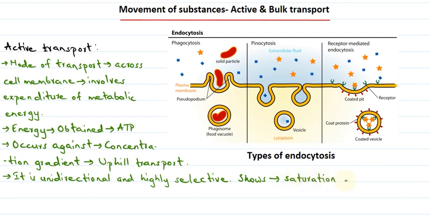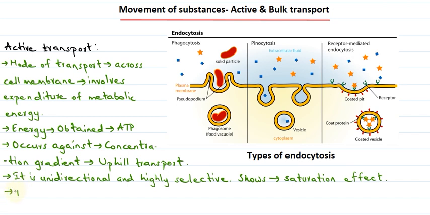When the concentration of transportable solute is increased, the rate of transportation also increases, but as the concentration of the solute decreases, the rate of transport also comes down. The decrease in oxygen availability decreases the rate of active transport.